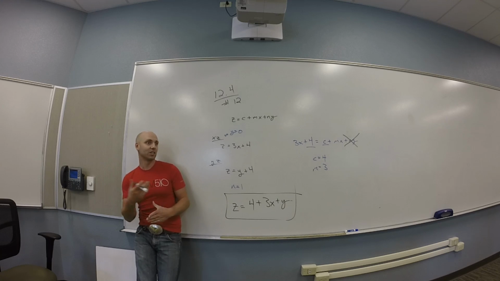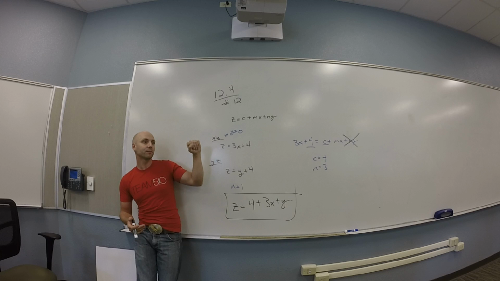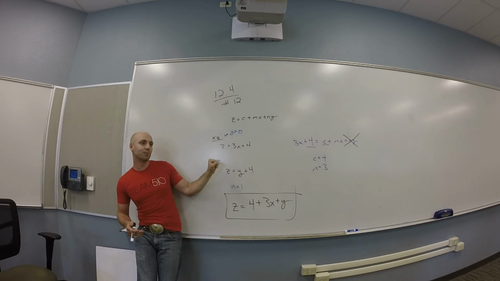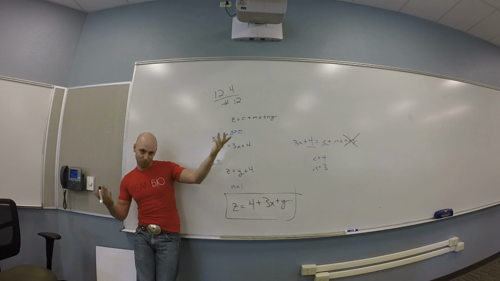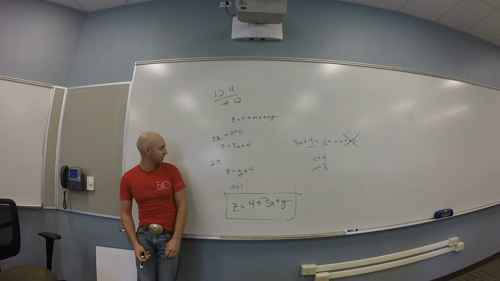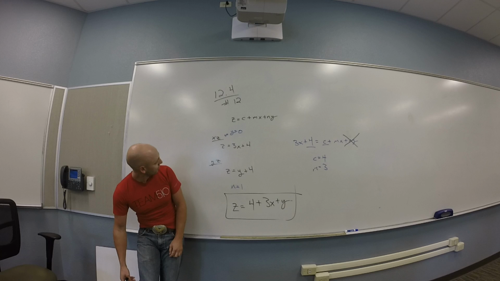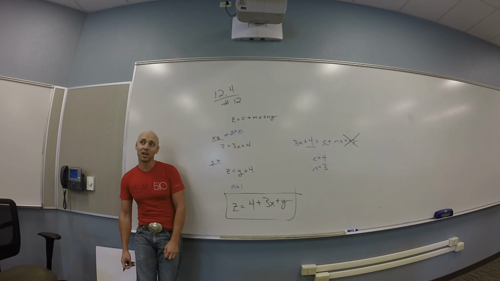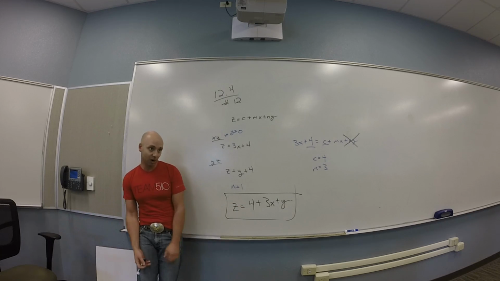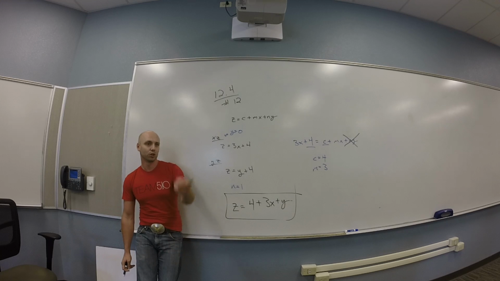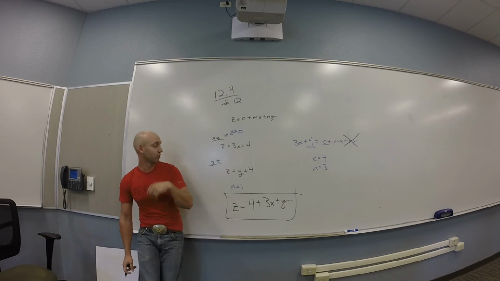And y is 0 corresponds with the xz plane. And for the yz plane, I set x equals 0. Perfect. And the xy plane, I would set z to 0, right? Cool.